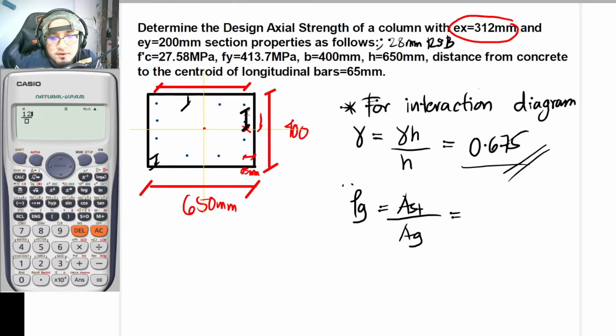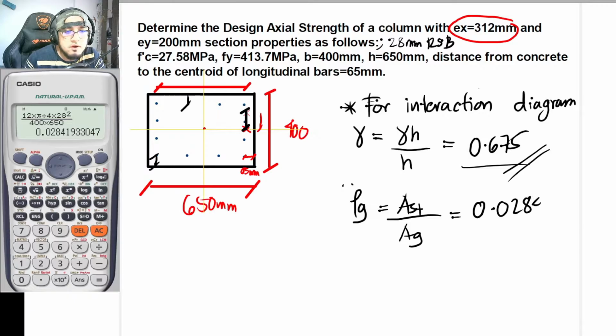So, 12 times pi over 4 times 28 squared divided by the cross-sectional area, that is 400 times 650. Okay, so our answer here is 0.0284. So unitless kasi nga ratio siya.